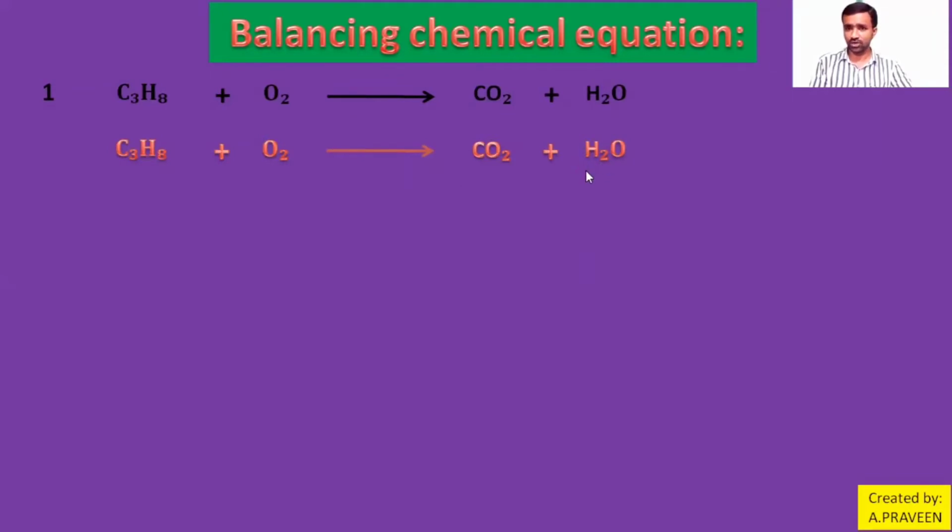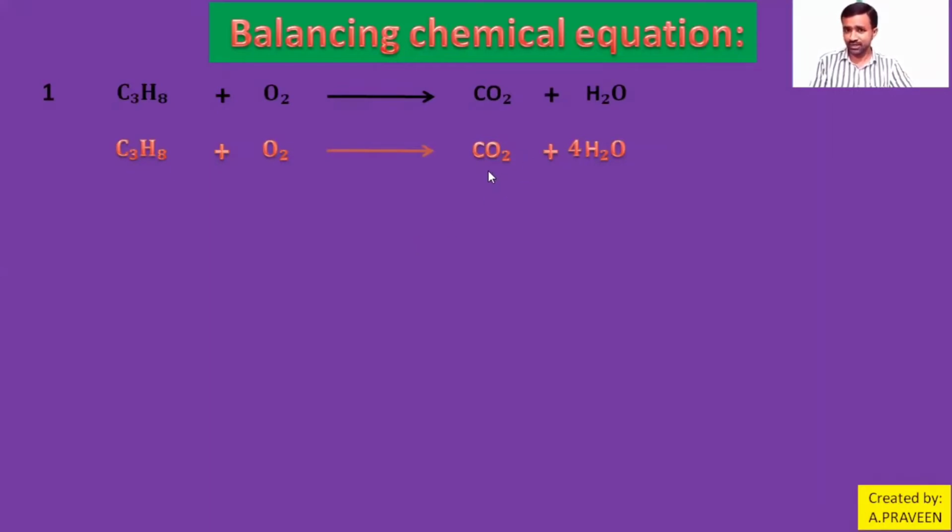I have only 2, so 2 4 8. I use 4 as the coefficient before H2O. When you put 4 as the coefficient before H2O, the hydrogen is balanced at 8 and the oxygen count changes to 4.